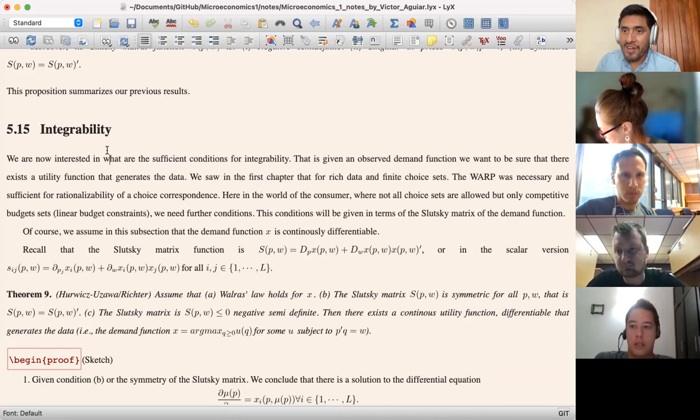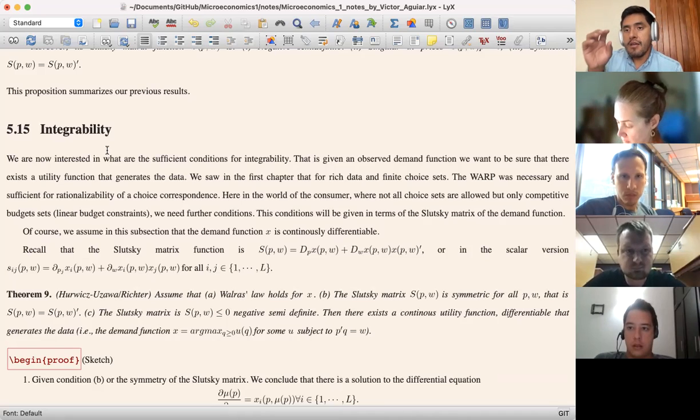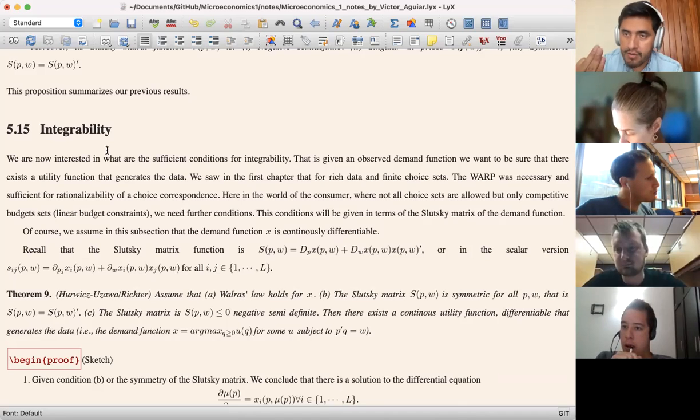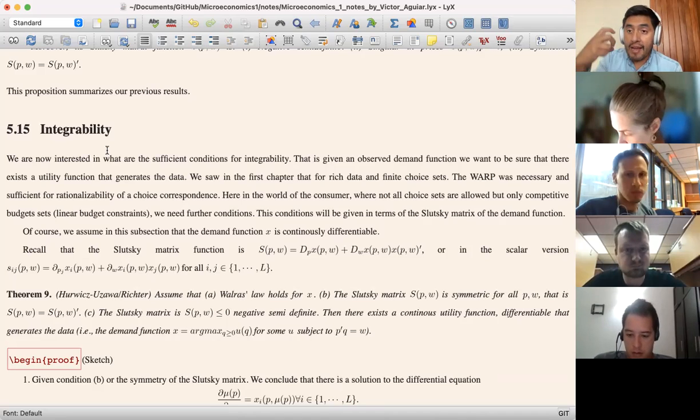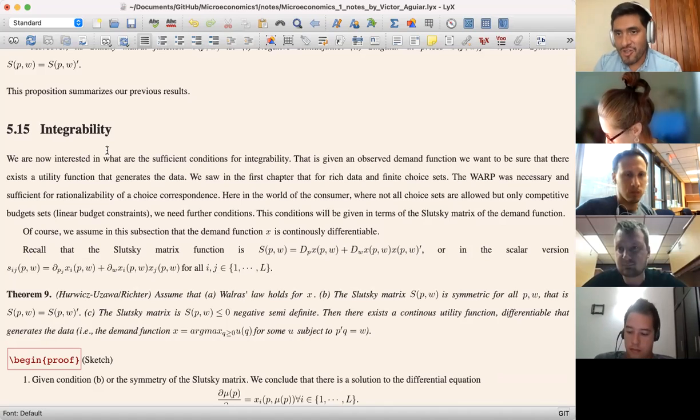The same as we did with GARP in the previous chapters: by assuring that if I have a demand with a Slutsky matrix that is symmetric, negative semi-definite, and singular in prices, those conditions are sufficient to get back a utility from the demand that is able to generate back the demand function from utility maximization.